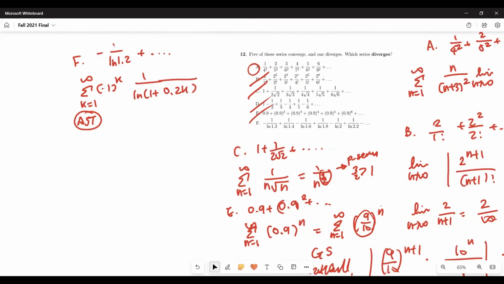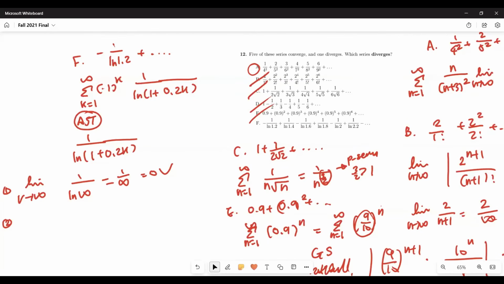So if you apply that, this becomes 1 over ln of 1 plus 0.2k, right? And then the limit as k goes to infinity is 1 over ln of infinity, which is indeed 0. And then is it decreasing?